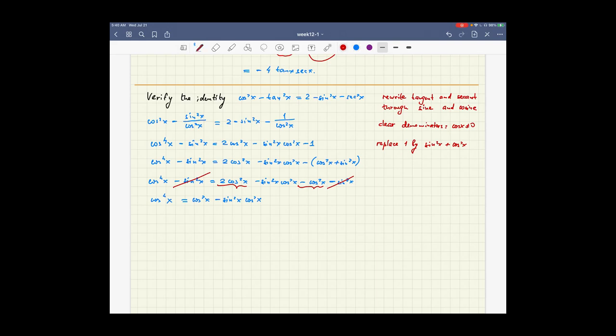Now factor out cosine squared x on the right. That'll give us cosine to the fourth x equals cosine squared x times 1 minus sine squared x. And of course, now we simply replace 1 minus sine squared x by cosine squared x.